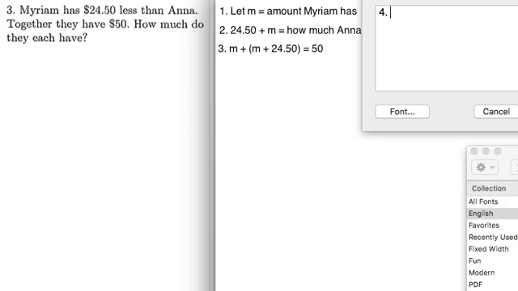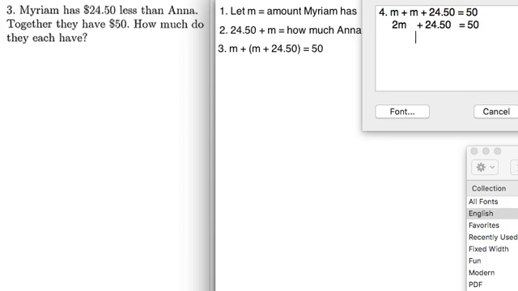All right, I want to solve this. First thing I do from this line is get rid of these brackets: M plus 24.50 giving me a total of 50. Then I get my like terms together. I've got 2M, and the 24.50 is still like that. Now I'm going to get M all alone.